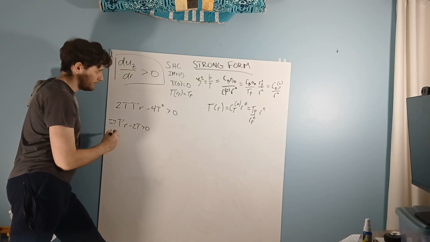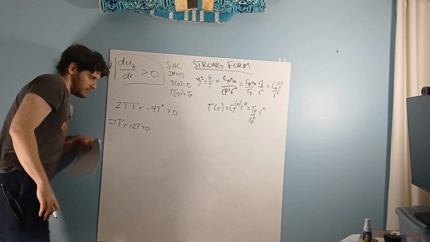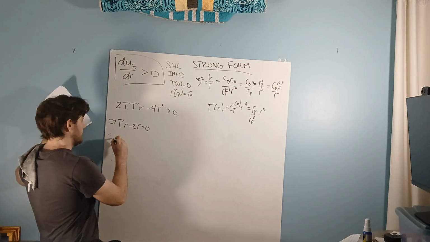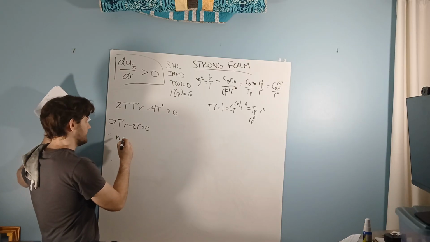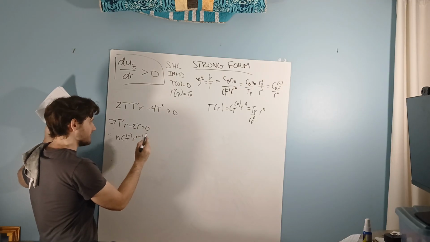Therefore, we have, let's just take this derivative real fast. We have n ct to the n r to the n minus 1 times r. That's very important.